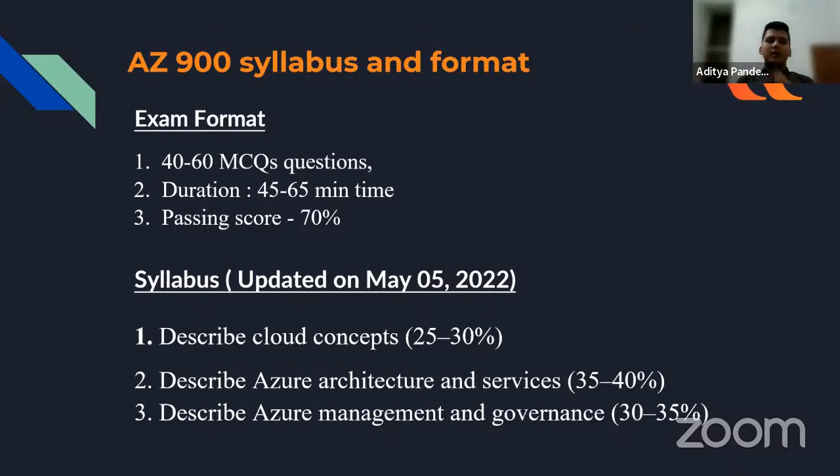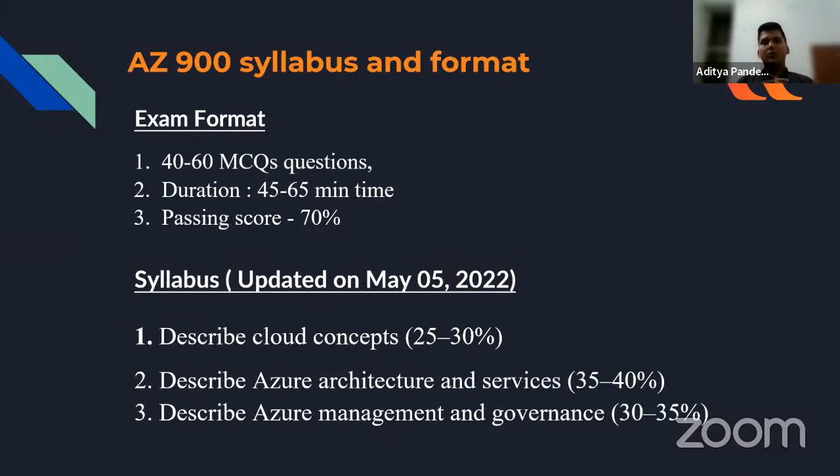So if we talk about the syllabus, as I already mentioned, Azure covers all the basic concepts. In the syllabus, you will be studying cloud concepts, Azure architecture and services, and Azure management and governance.